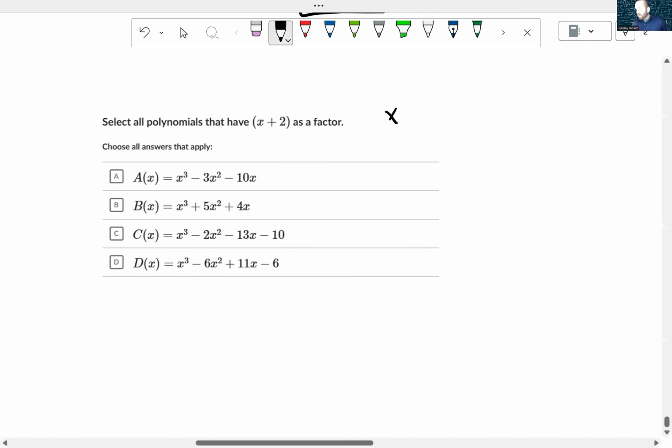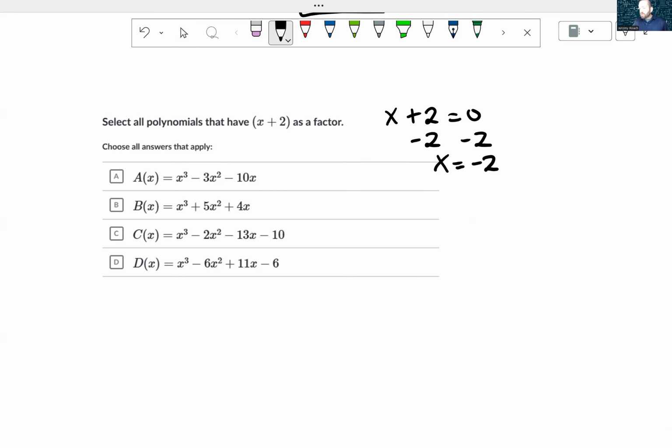So if we solve x plus 2 equals 0, x equals -2. Now we're going to plug that in for x, and it should give us 0 as a remainder. And if it gives us 0 as a remainder, that means x plus 2 is a factor of the polynomial.